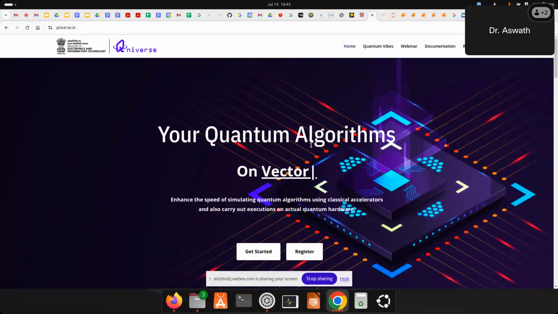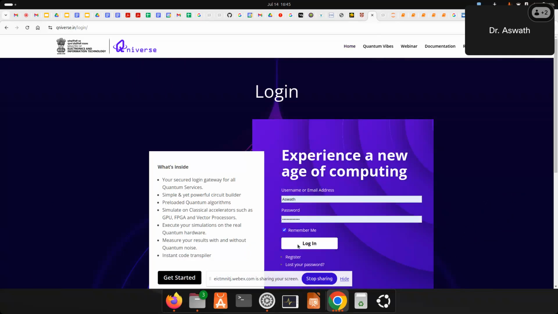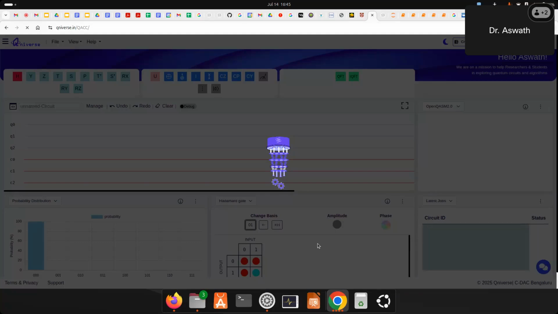This is beautiful. It's called Quantum Universe. If you log into this, it does the same thing. It helps you understand gate operations, and you can also implement some quantum algorithms in the system.